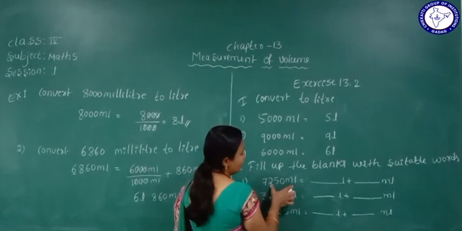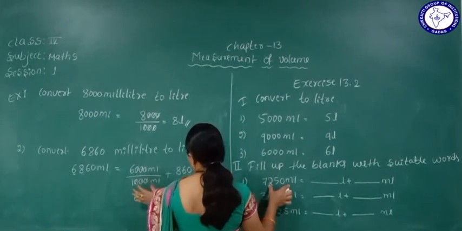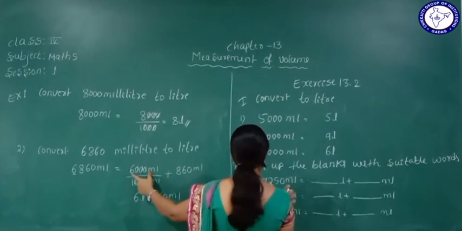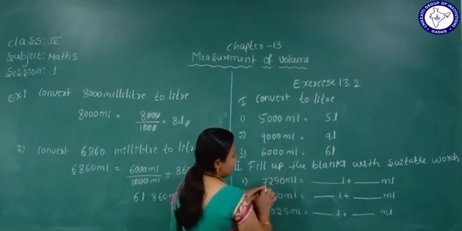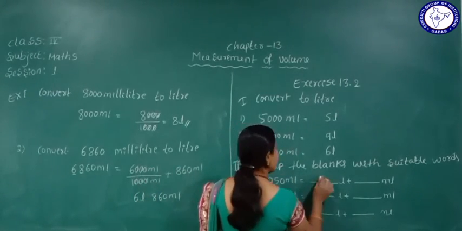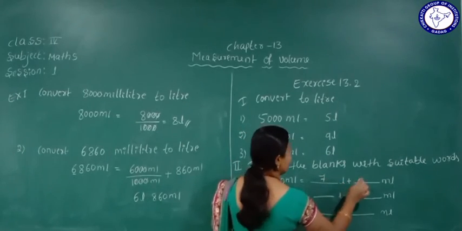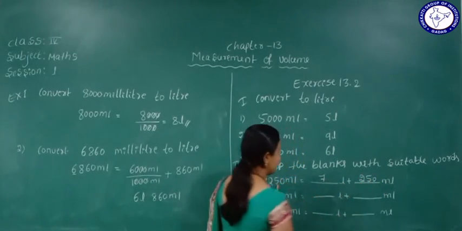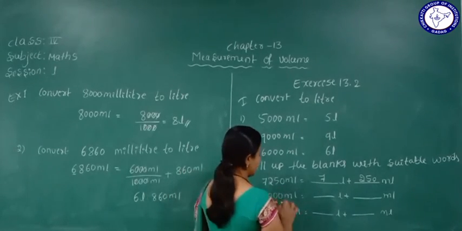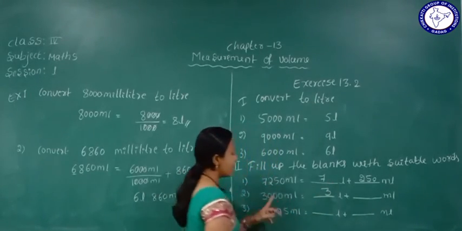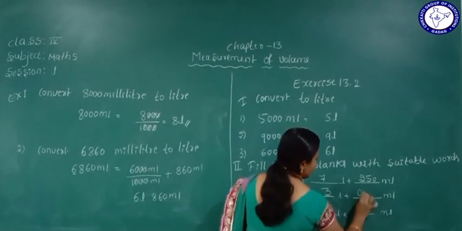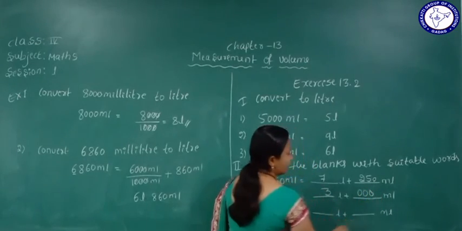Okay, we'll write these all. 7250 ml: we take only 250 ml separated, like how we separated 860 ml. Here we take 7000, which gives 7 liter, so 7 liter 250 ml. 3000 means 3 liter, but milliliters are not mentioned, only zeros, so we'll write 0 milliliter.